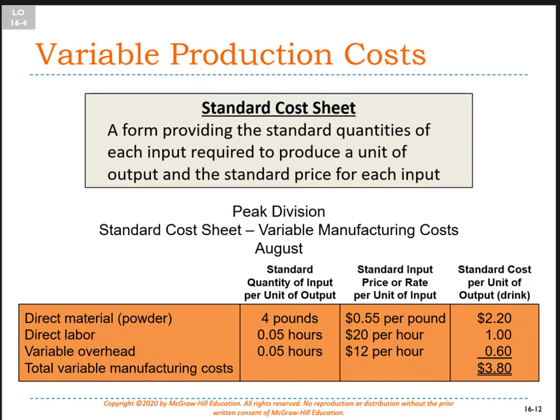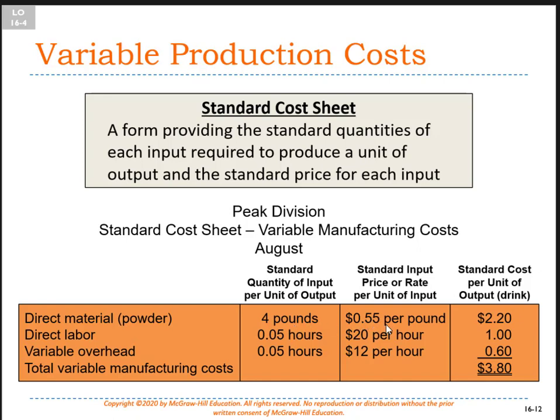Now, looking at our variable production costs, we're going to develop a standard cost. Remember, a budget per unit for each of our inputs. Direct material, which in this situation is a powder of some sort, we have a plan to use 4 pounds for every unit we make.